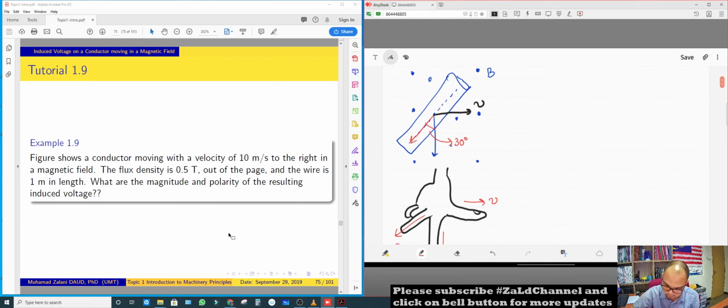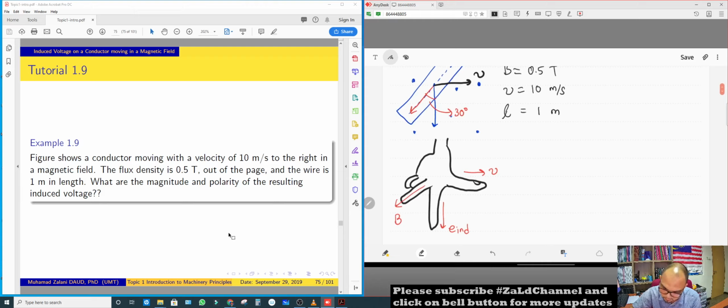So let me just write down all of the information given as in the question. Okay, so for B, the flux density is 0.5 Tesla. V is also given as 10 meter per second, and L is 1 meter.